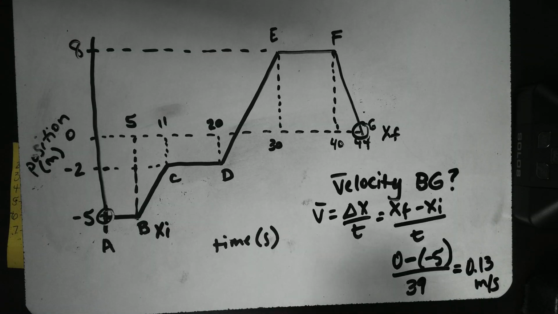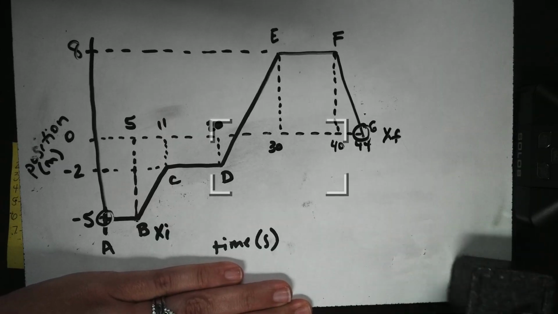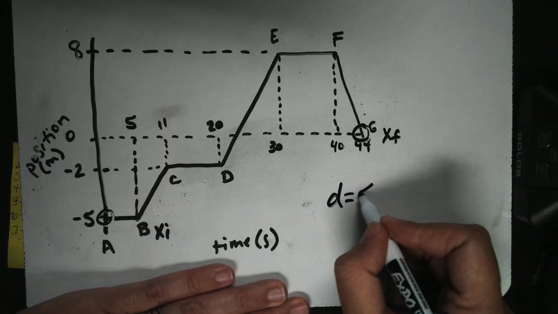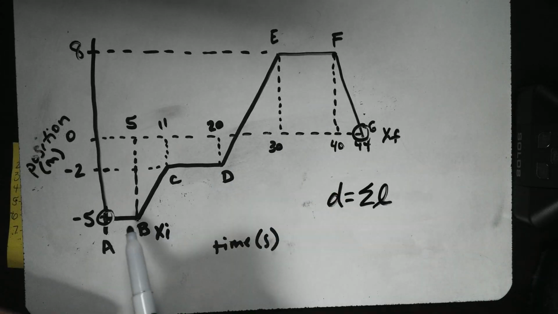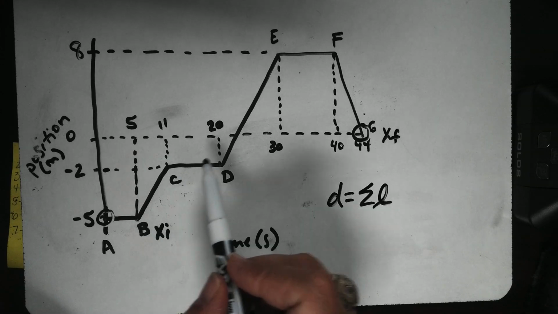The last thing I want to show you, which I don't think I showed before, is what if I asked you for distance? I keep asking you displacement, where you just do one position minus another, but what if I asked for the overall distance? Distance is what it was before: the sum of all the legs put together. So how many legs do we have here? AB, BC, CD.